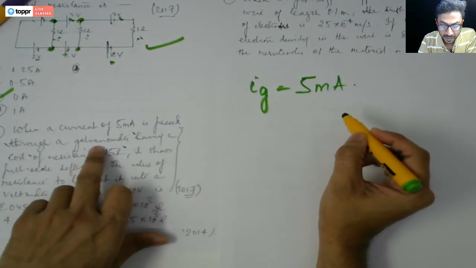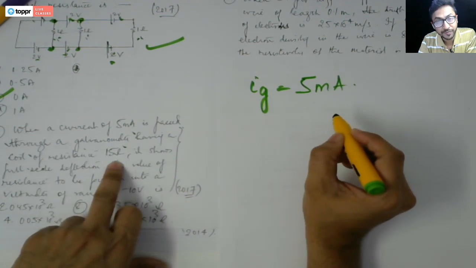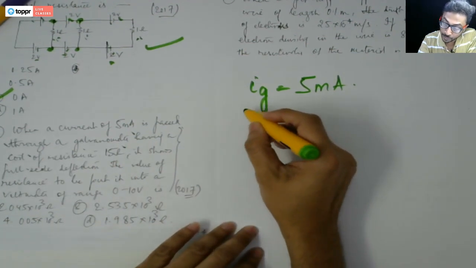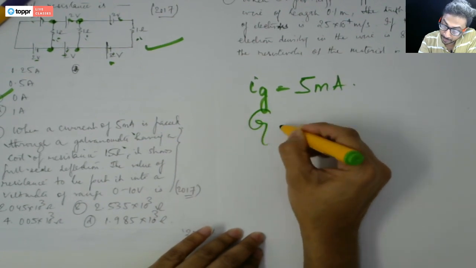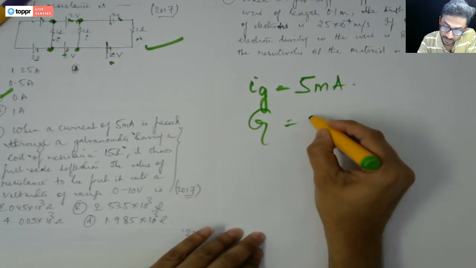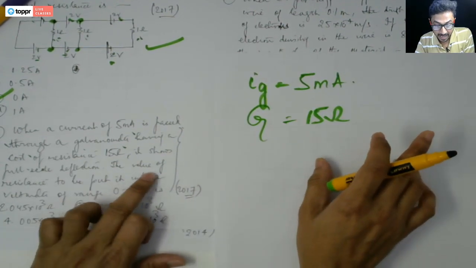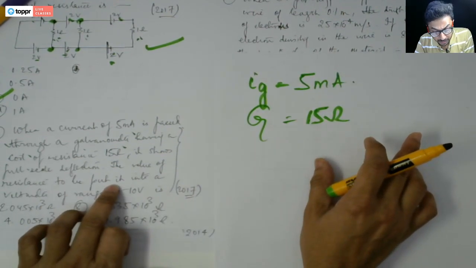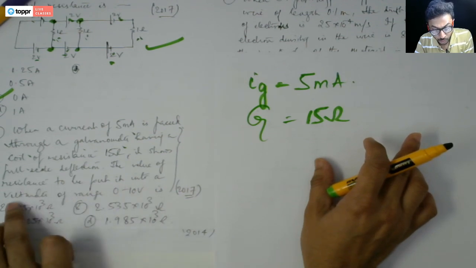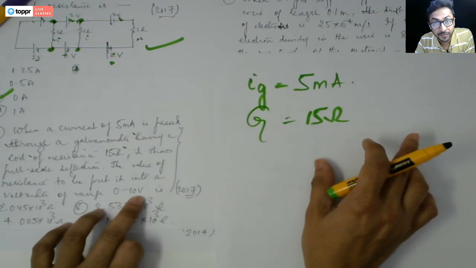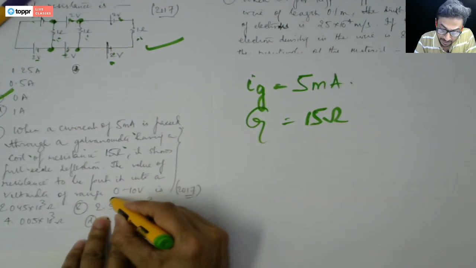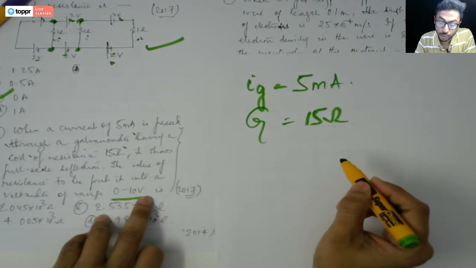The coil resistance means the galvanometer resistance is 15 ohm. It shows a full deflection. The value of resistance to be put in to make it a voltmeter of range 0 to 10 volt. So we are making a voltmeter of range 0 to 10 volt.